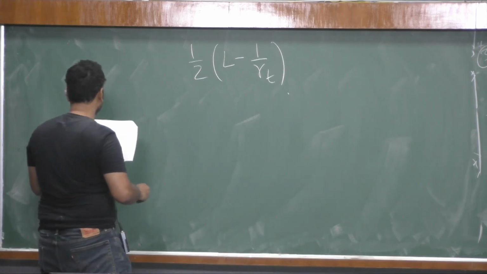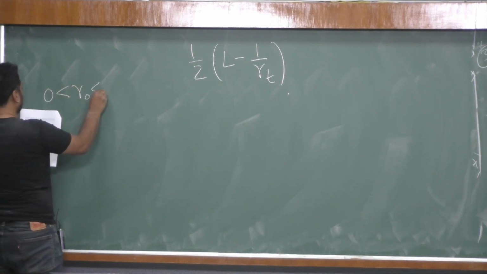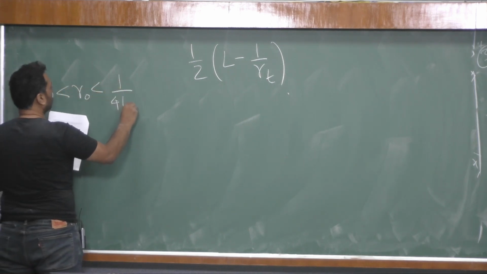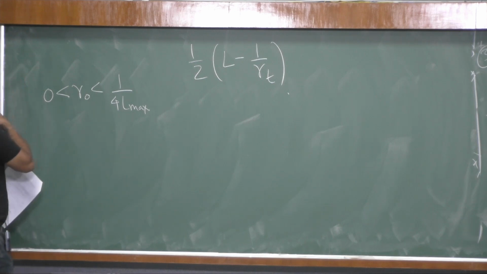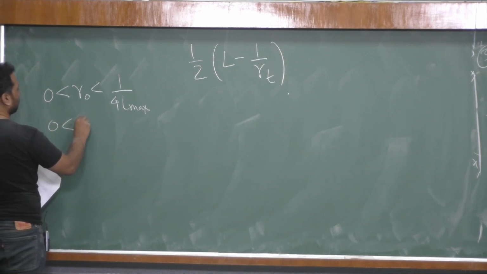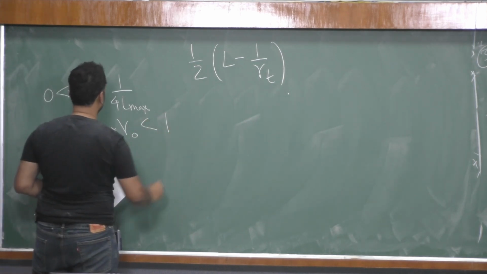What we are given is gamma 0 greater than 0 and less than 1 by 4 L max. What it implies is I can multiply by L max on both sides, so 0 less than 4 L max gamma naught is less than 1.